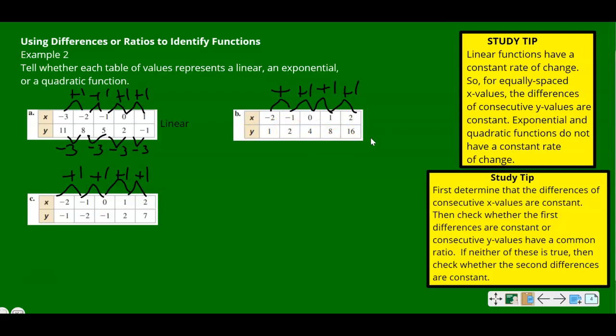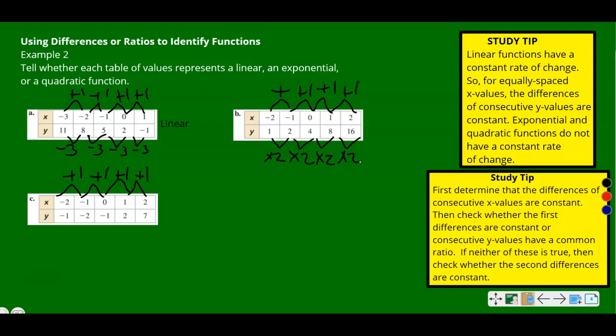You can see that you can multiply here. 1 times 2, if I multiply by 2, 2 times 2 is 4, 4 times 2 is 8, 8 times 2 is 16. So this one now has a constant ratio.